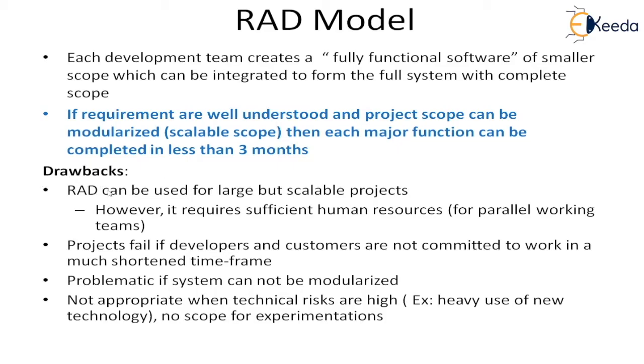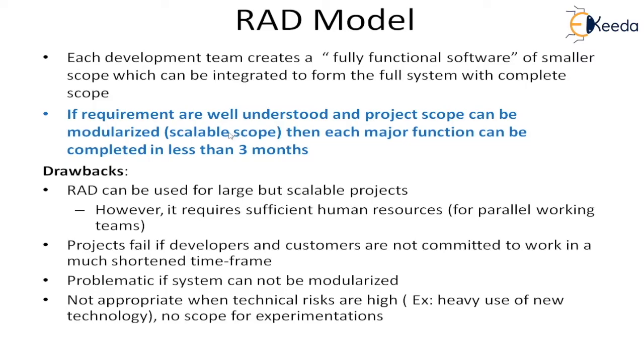The drawback is that RAD can be used only for large and scalable projects. So it should be large so that it can be broken down into sub projects or mini projects, and also it should be scalable. That means it should be addable, it should be integrable.